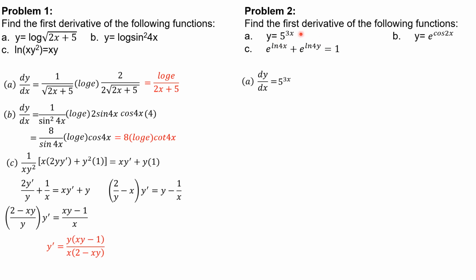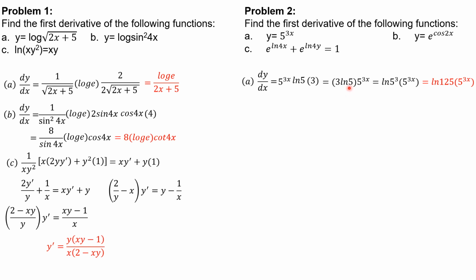So 5 to the 3x times ln of 5 times the derivative of 3x, which is 3. And we rewrite this as equal to 3 ln of 5 times 5 to the 3x.